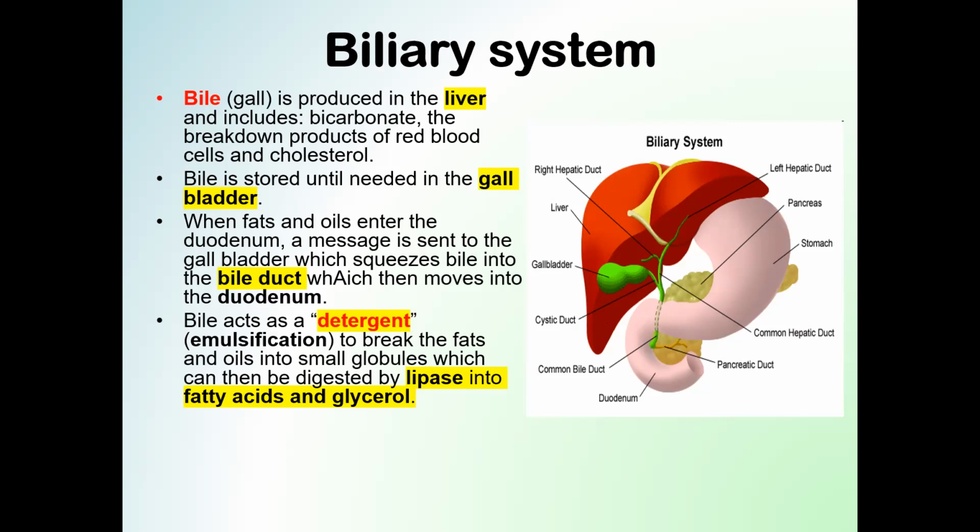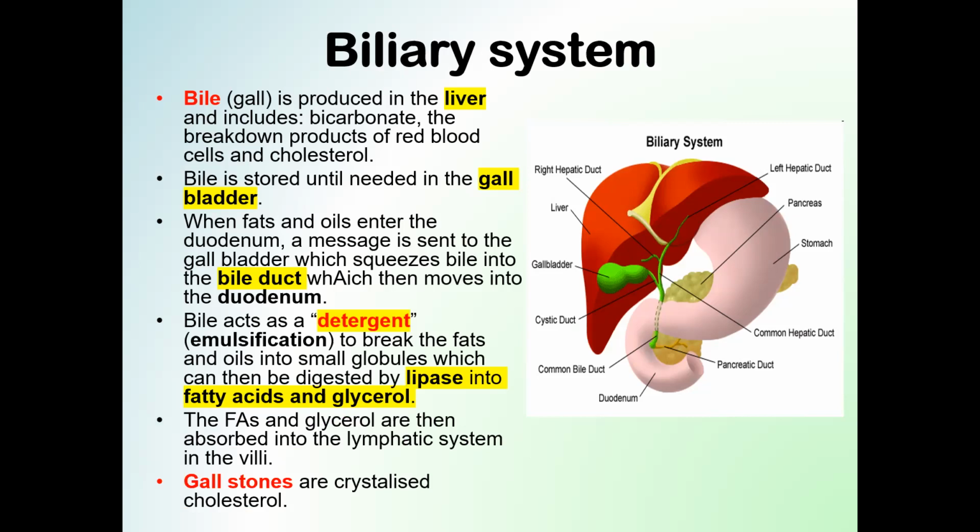It breaks the fats down into small globules, and they are digested further down by lipase. I mentioned lipases before. They are the enzymes that break fats into fatty acids and glycerol. And these fatty acids and glycerol are then absorbed, not into the blood, but into the lymphatic system. The blood doesn't carry them, the lymph does, in the villi, which we'll get to shortly.